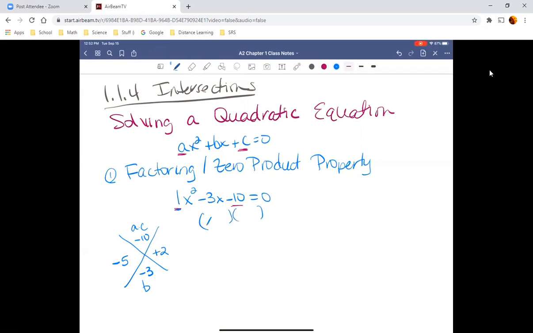So it would be what, x minus 5 and x plus 2. And we can't leave out our equals 0, right? Because all we did is we just took this whole quadratic, this part of it, and we just rewrote it in a different form. We just rewrote it in this form. So we still have that equals 0 on there.